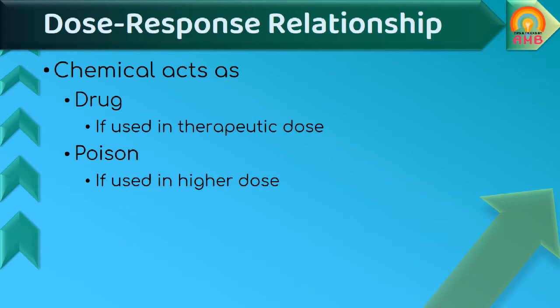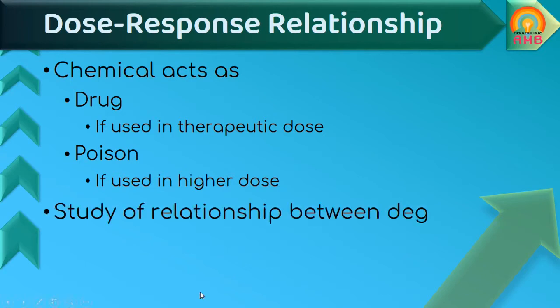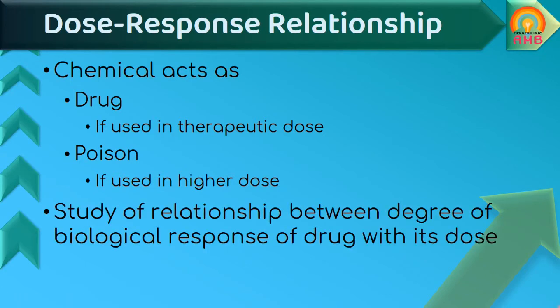Thus, generally the degree or amplitude of effect or response of each drug ultimately depends upon the dose at which it is administered. The study of the relationship between the degree of biological response of a drug and its dose is called dose response relationship.